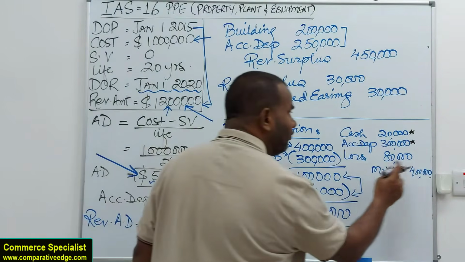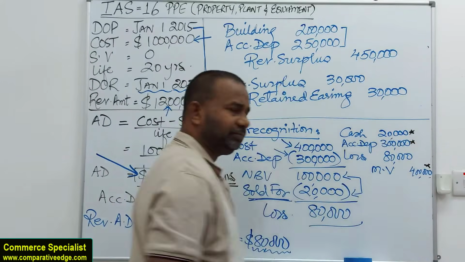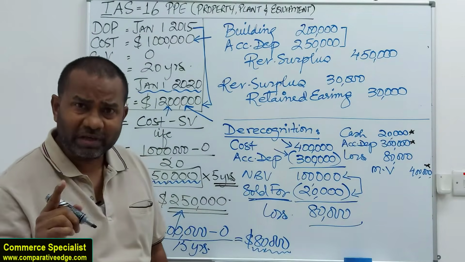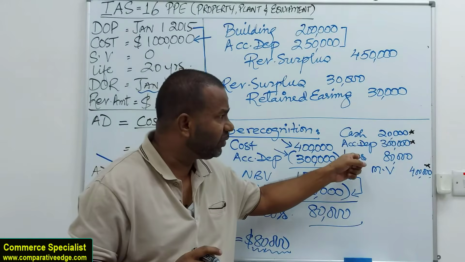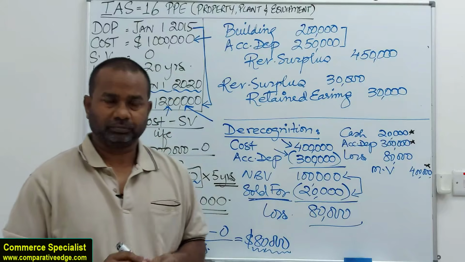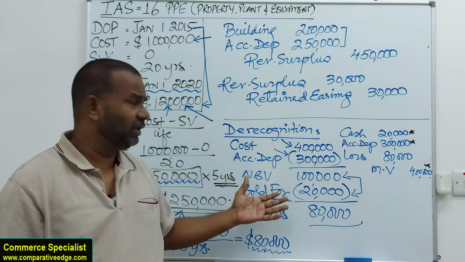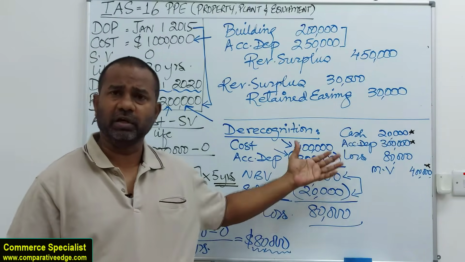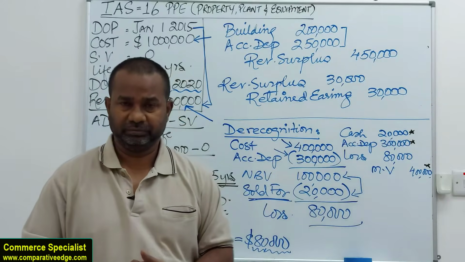The asset will always be credited with its cost. Now the only thing left is, if there is a loss, it would be debited. If there is a gain, that would be credited. I hope I'm able to explain gain or loss on disposal and how it is recorded.